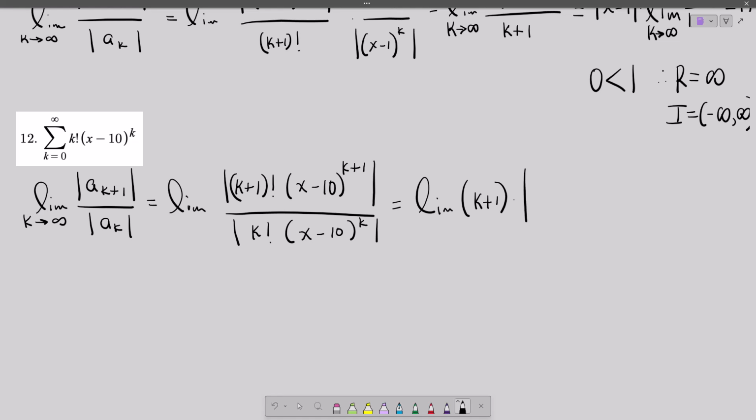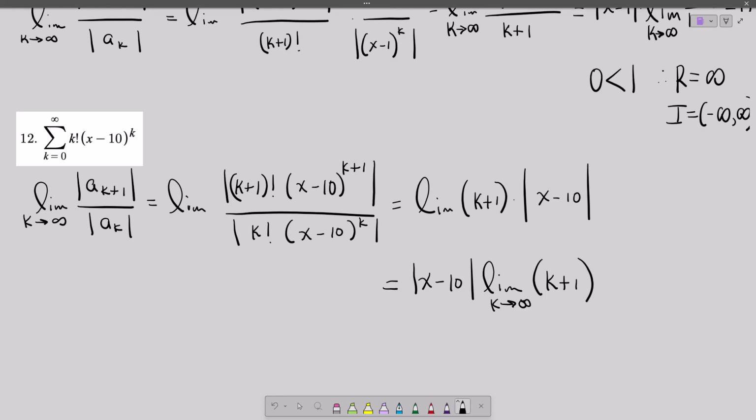And once again, we see a pile of factors of x minus 10 below and a pile above. There's one extra one above, so we end up with just one factor of x minus 10, and it's in the numerator. Once again, that x minus 10 factor has nothing to do with k, so it just pops to the front as a multiplicative factor.